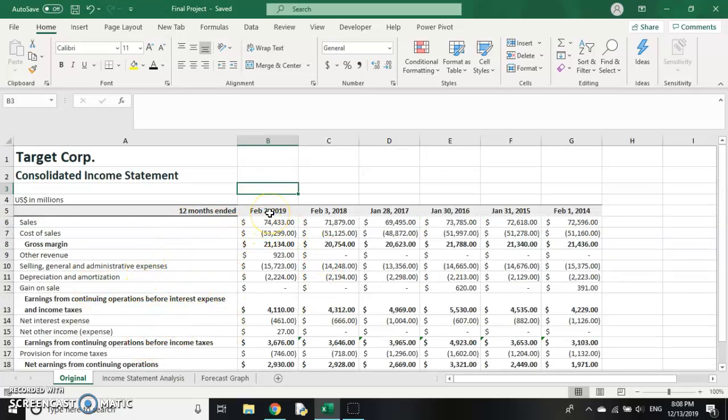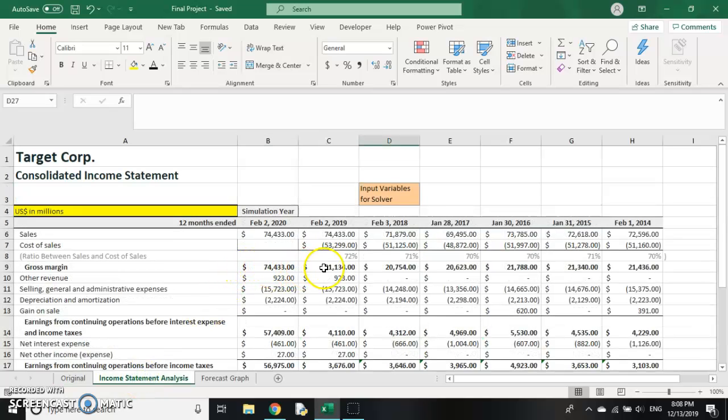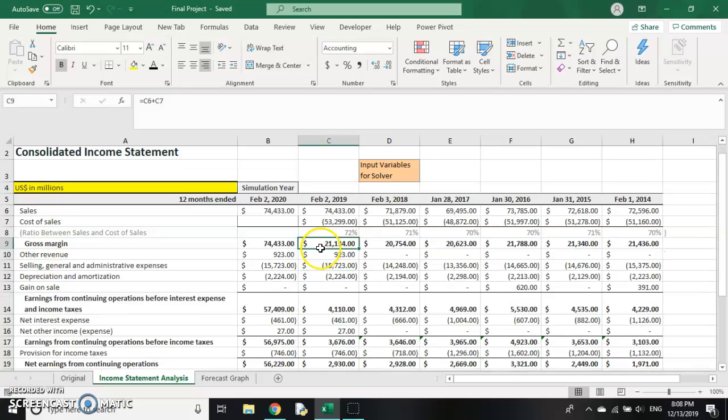Starting off, I changed some of the key indicators into formulas to make sure my model is well organized and connected. I used C6 plus C7 for gross margins, which is the difference between sales and cost of sales, because cost of sales is a negative number.